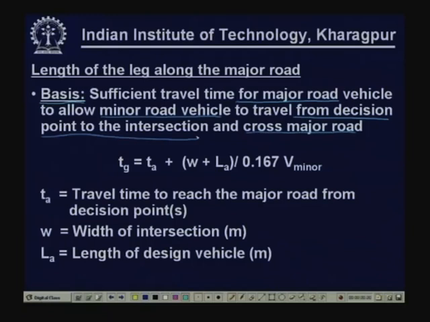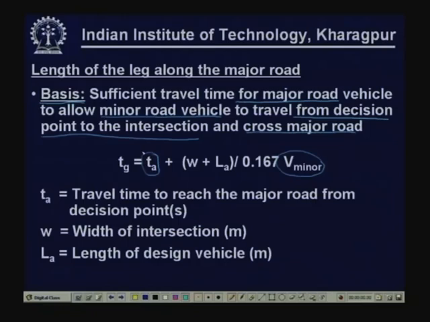So, if Tg is the total time required, then Tg is expressed as Ta plus (W plus La) divided by 0.167 V minor, where V minor is the design speed or mid block speed for the minor approach or the minor road. Now, Ta is the time required to travel from the decision point to the intersection.